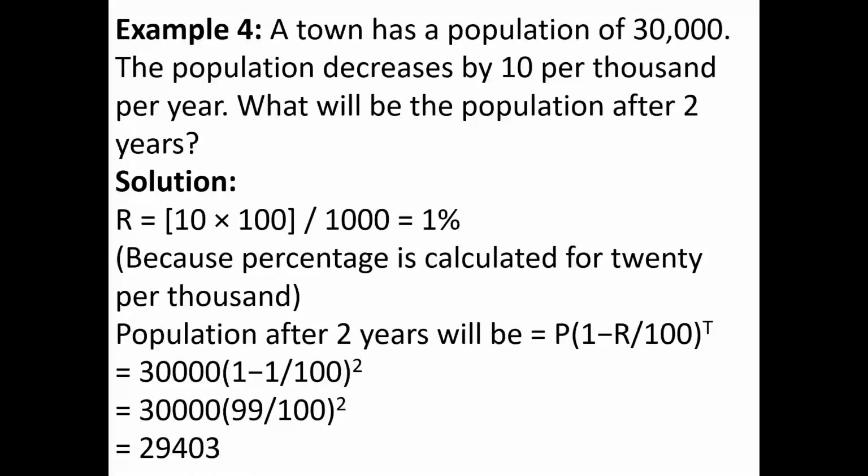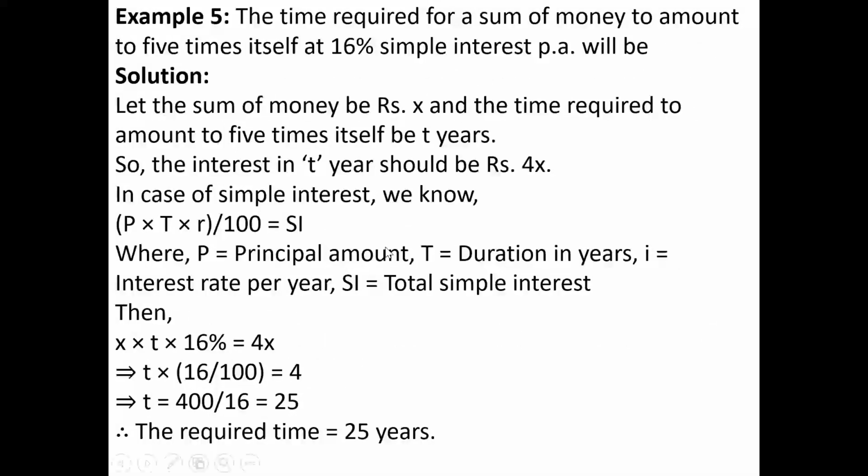Okay, next is: the time required for a sum of money to amount to 5 times itself at 16% simple interest per annum. So let's check. The sum of money, the total amount is not given, so we need to take a variable.